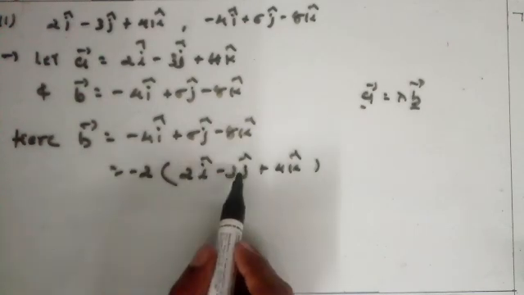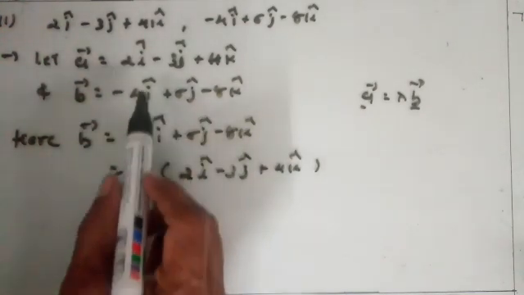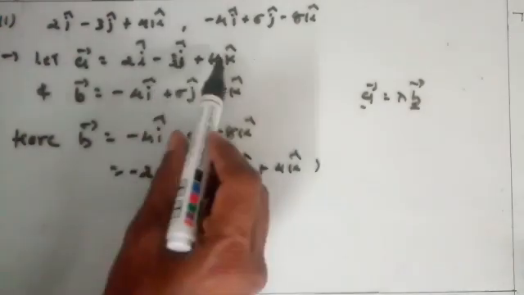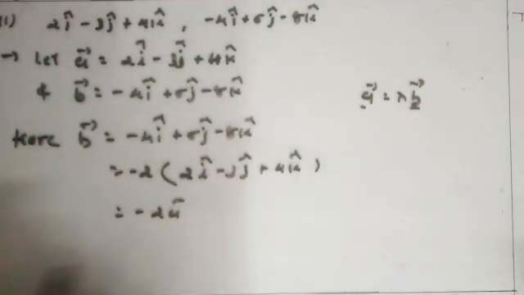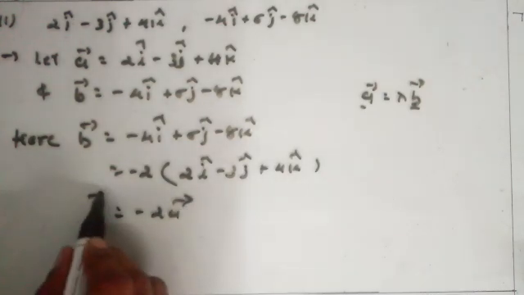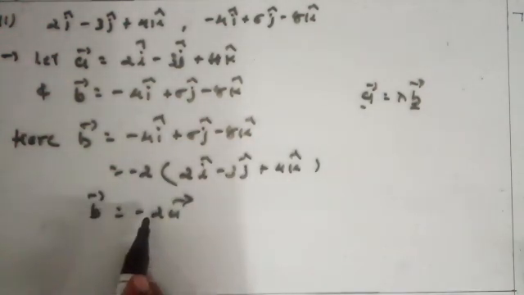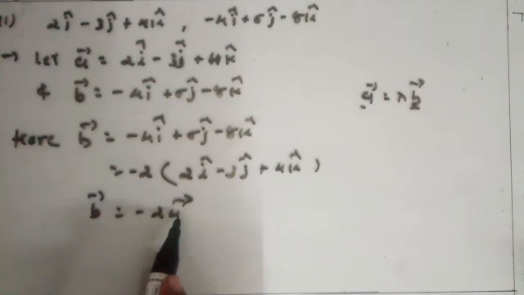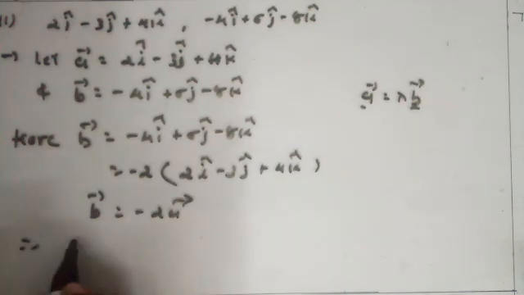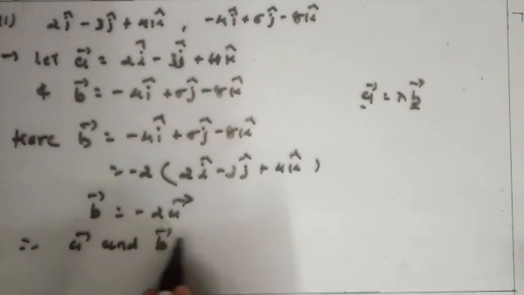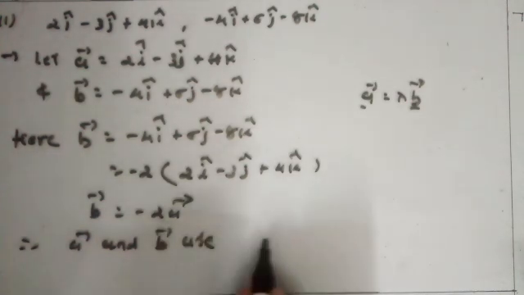Here 2i minus 3j plus 4k is vector A. So vector B is equal to minus 2 into vector A. So vectors A and B are said to be collinear. Therefore A and B are collinear. Clear?